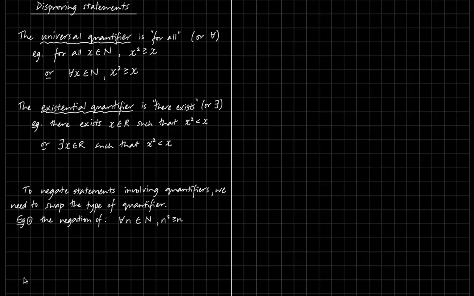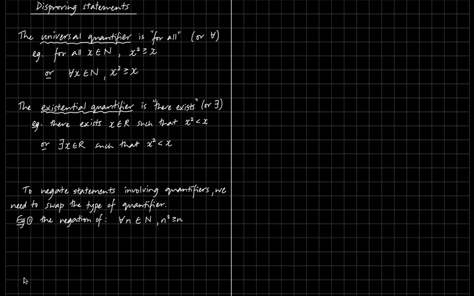The negation of the statement for every natural number n, or for all n which are elements of the set of natural numbers, n squared is greater than n. If we were trying to negate that, the negation of that is not for all natural numbers, n squared is less than n.